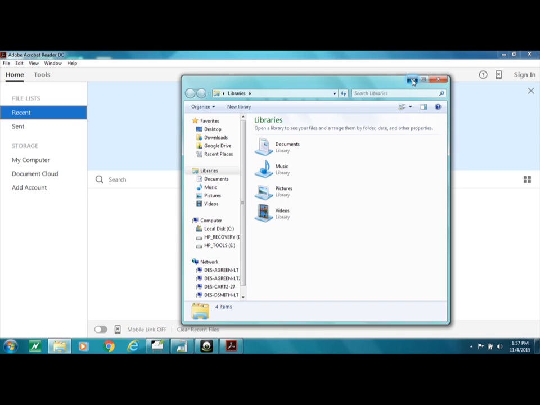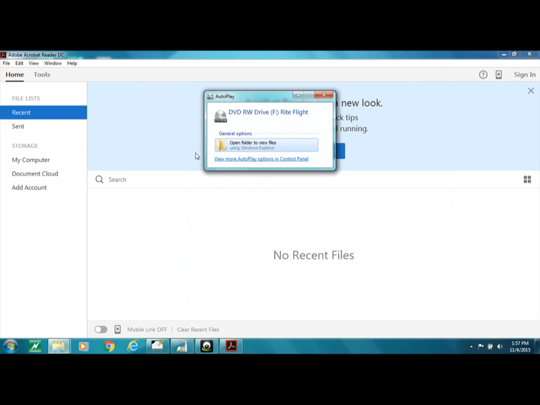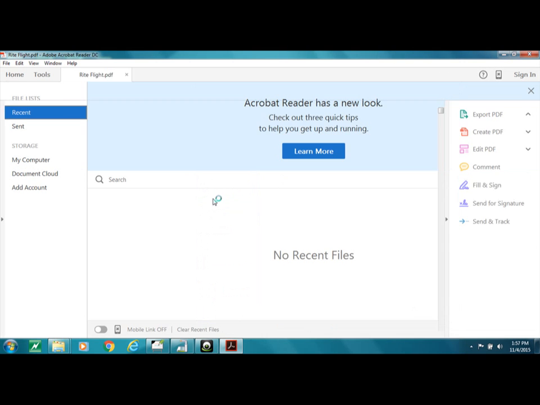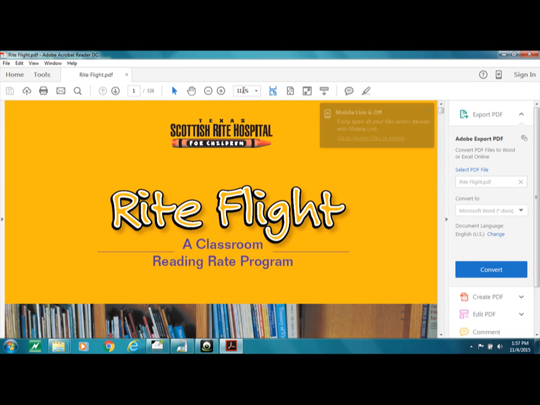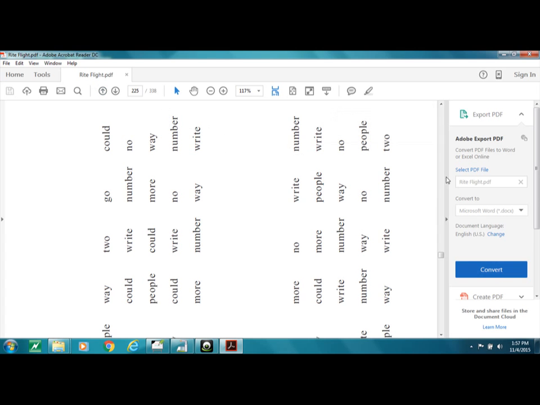Very slowly loading, but we're waiting on the page to load. Oh, this looks a little bit different, y'all.